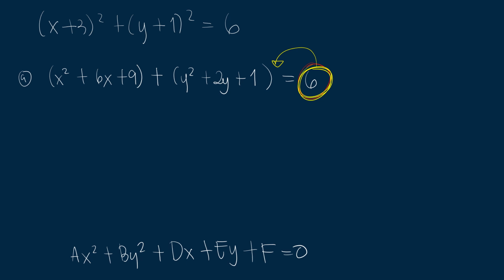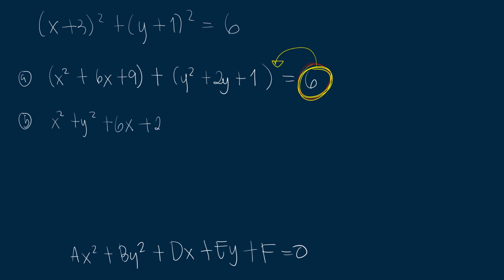We arrange it from the highest exponent of the variable, starting with the variable x, going to the smallest, which is the constant. So we have x squared, then you copy y squared, and then 6x and 2y are copied afterward.